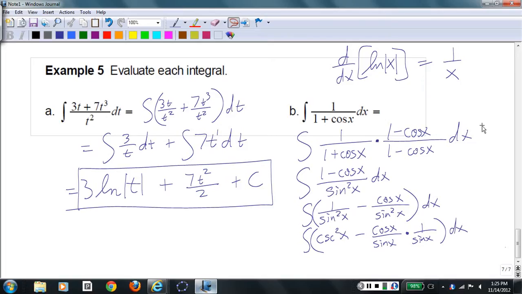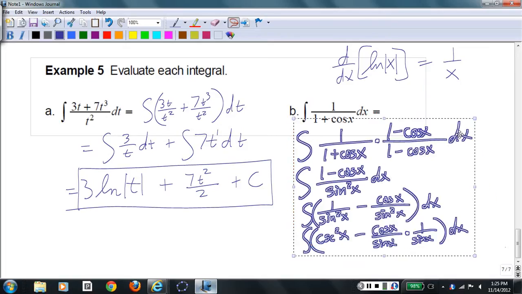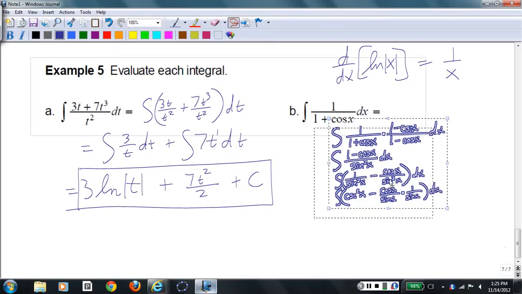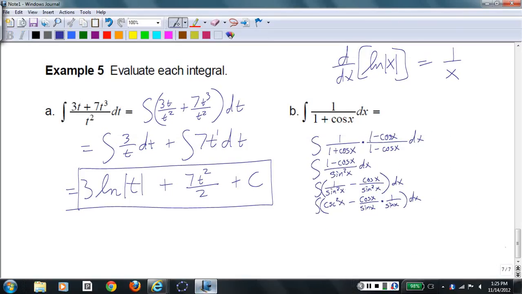Cotangent. So for the first one, that could be cotangent x or maybe negative cotangent x. Someone would have to work out the sign. For this second one, I'm going to say this is weird, but humor me here.